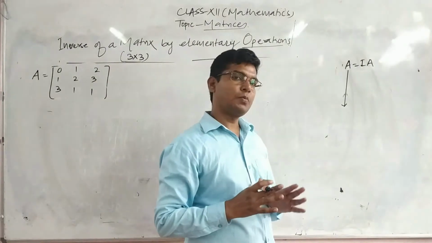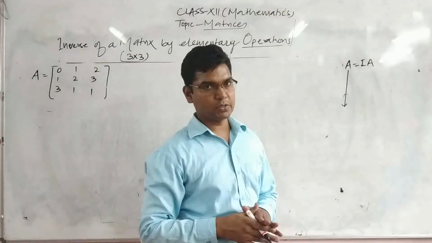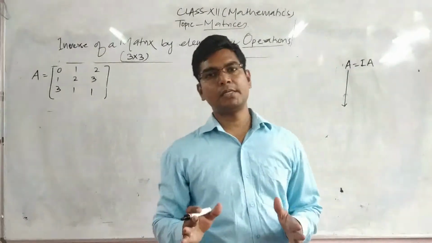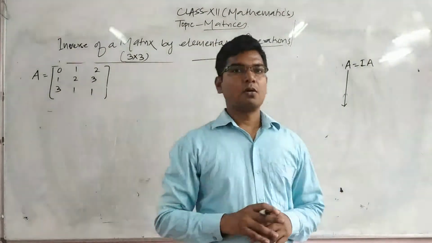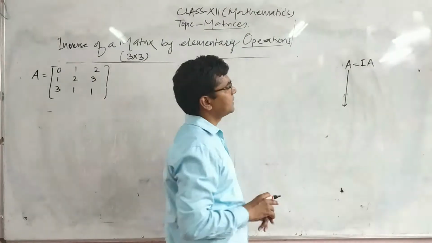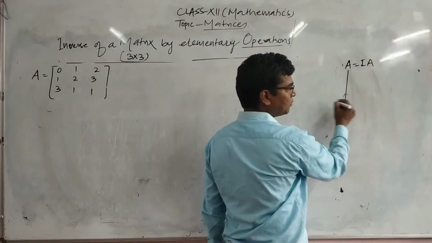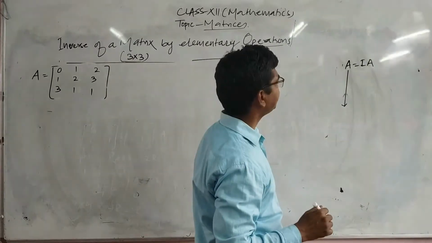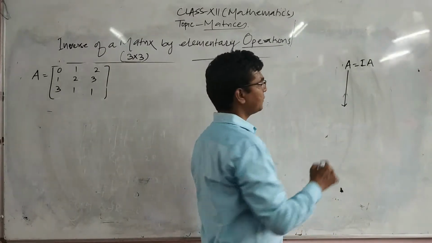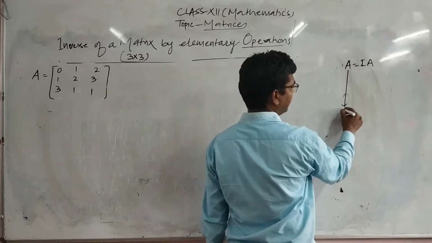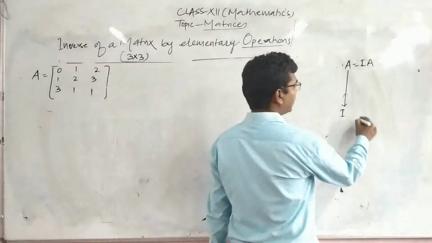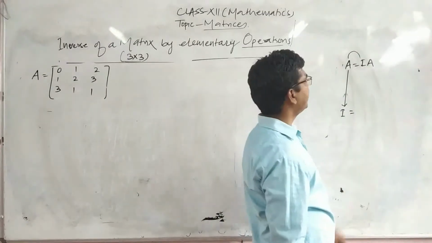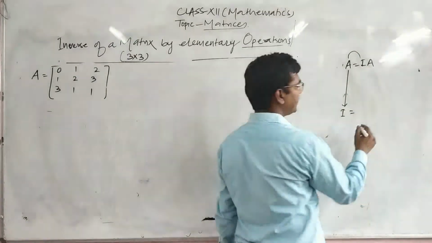If you are applying row operation, then apply only row operation, and if you are going with column operation, then go with column operations. Okay? So by applying elementary row operations or column operations, we have to change this matrix into an identity matrix, right? With the corresponding simultaneous change in the identity matrix.